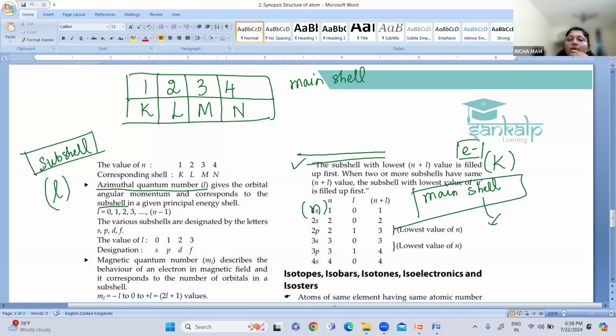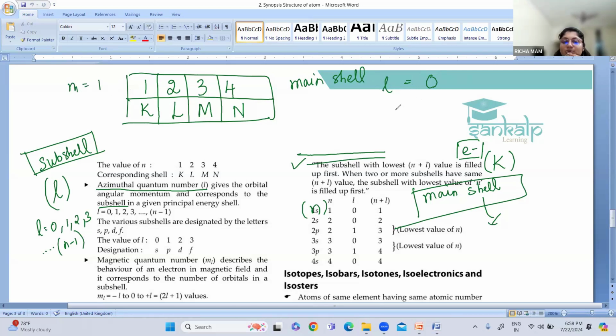Now, how is it represented? The values of l will be 0, 1, 2, 3 up to n minus 1, where n is your principal quantum number. The value of l starts with 0 and n starts with 1, so 1, 2, 3 and 4.